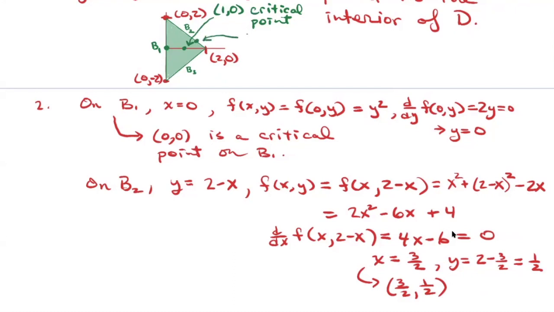So that guy is 3 halves, 1 half. Okay, any questions? That's a critical point. You got to check it. It's a possibility for a max or a min.